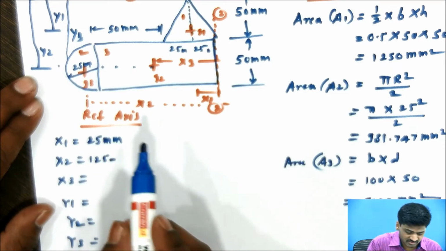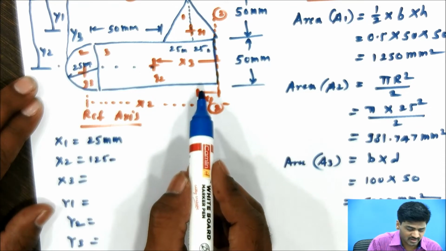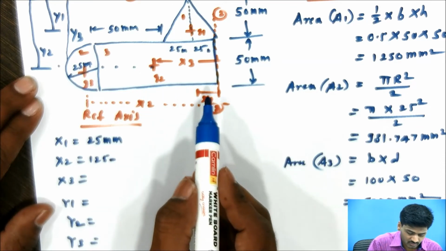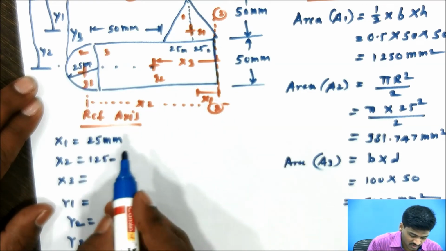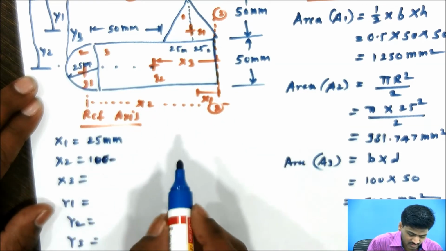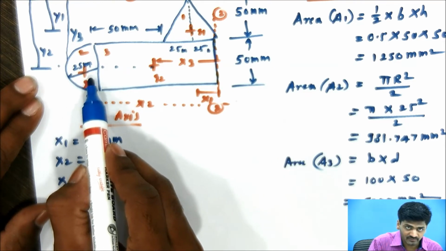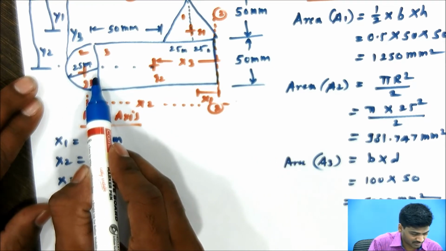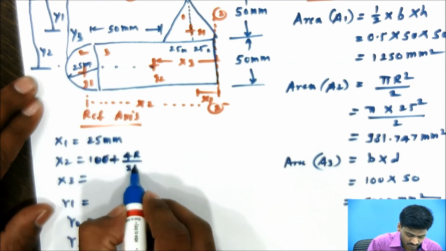now I need this total distance, or you may identify it in a separate way. This total is, you may consider, this is your 100. So this is your 100 plus this small distance for the semicircle, this is 4r upon 3 pi.